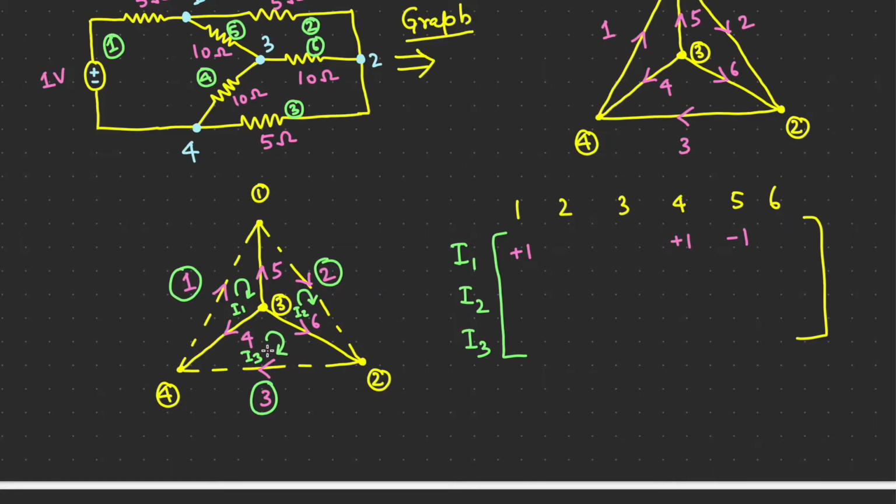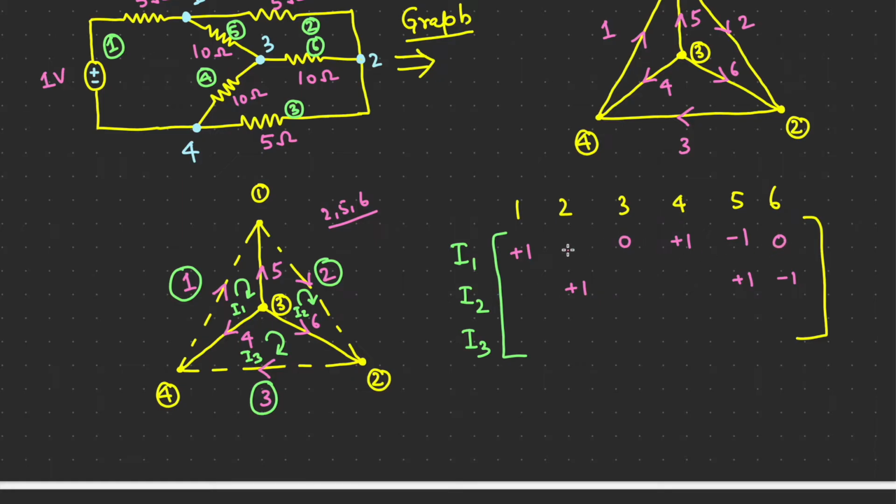This is the fourth branch. Then go to loop 2. Loop 2 is made of 2, 5, and 6, where 2 and 5 are in the same direction and 6 is in the opposite direction. So I'll take 2 as +1, 5 as +1, and 6 as -1.